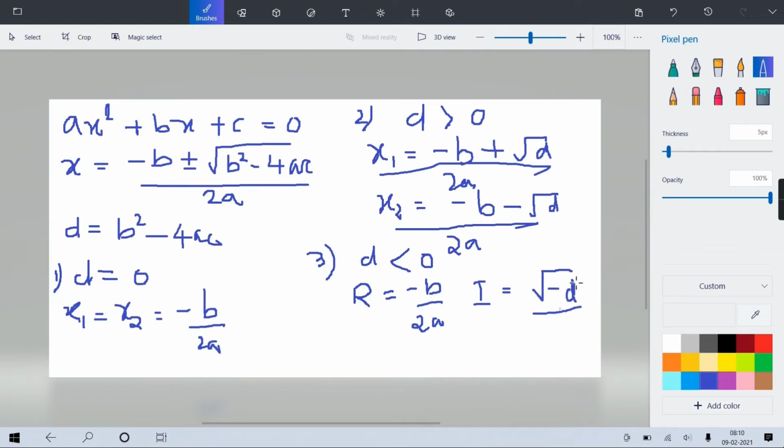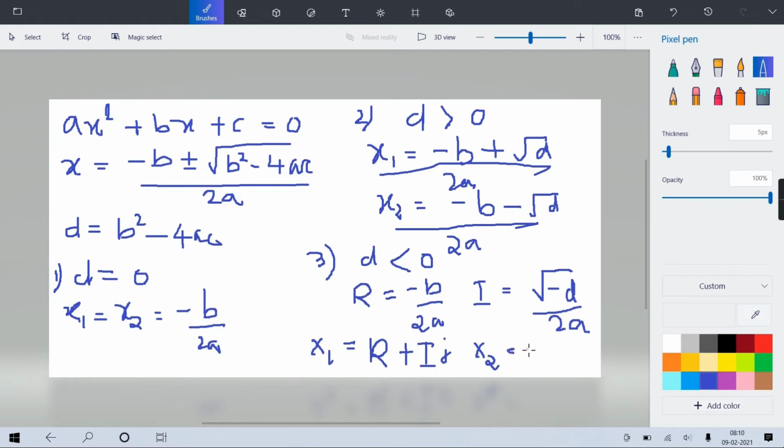In some books they write mod d. Mod d means take absolute of it, upon 2a. Now you got real and imaginary. Now your solutions. What will be your first solution? That is x1, r plus this imaginary part j. And what will be second solution?